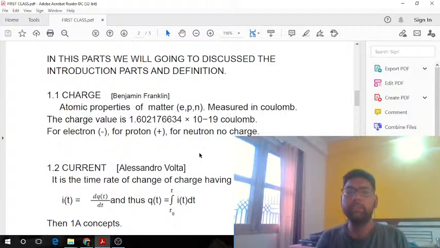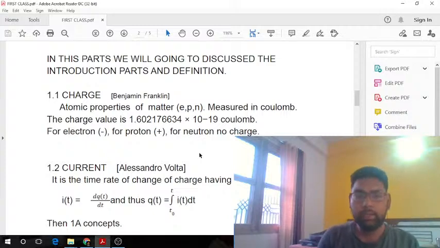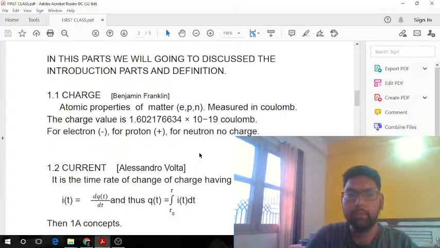Neutron has no charge because there is an equal amount of electron and equal amount of proton. One charged particle has the value of 1.602 into 10 to the power minus 19 coulomb. Electron has the negative value, the proton has the positive value, and the neutron has no charge value.